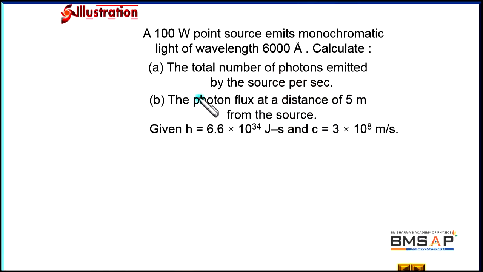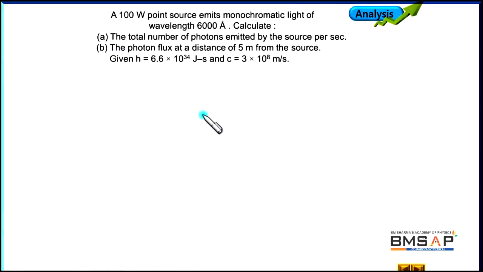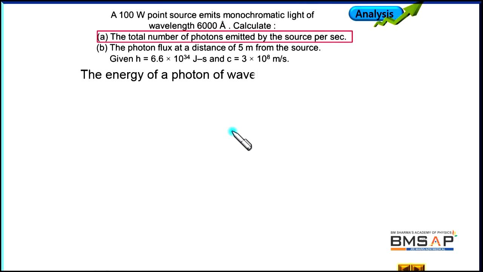So let us move to the first part of the question, that is the total number of photons emitted by the source per second, right. For this purpose, we need to calculate the energy of a photon of wavelength lambda, lambda equal to 6000 angstrom. So let us write the formula.